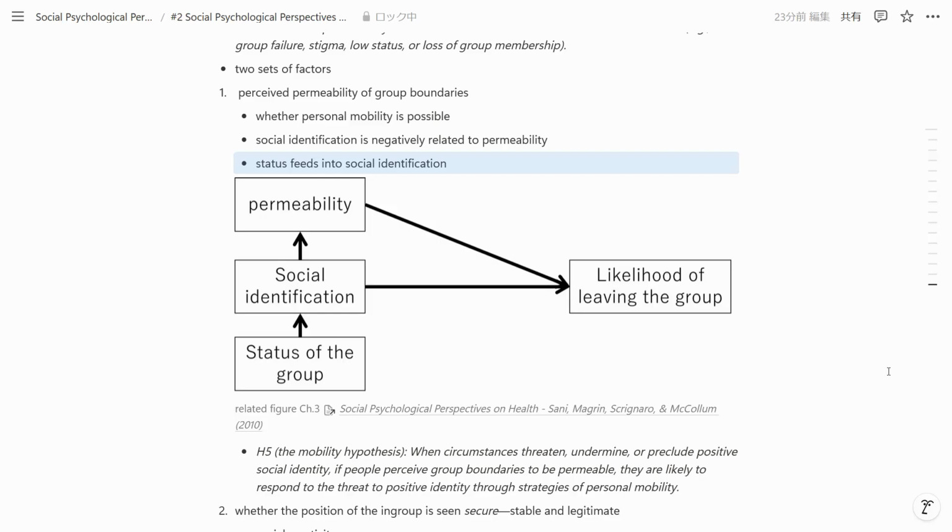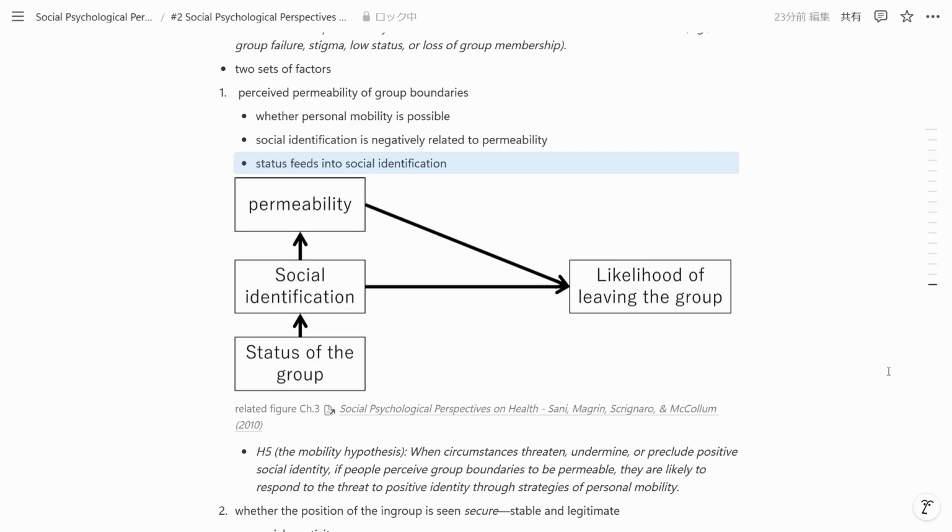Because of that, when people belong to a high status group, they tend to strongly identify with that group. So high status of the group gives you high social identification, and then high social identification is related to low perceived permeability.